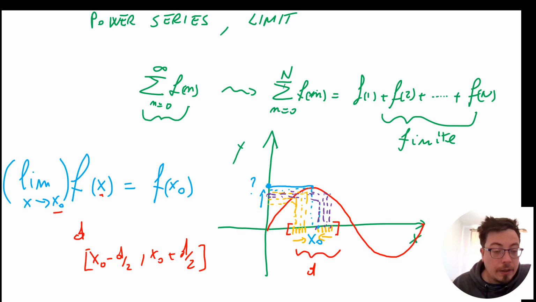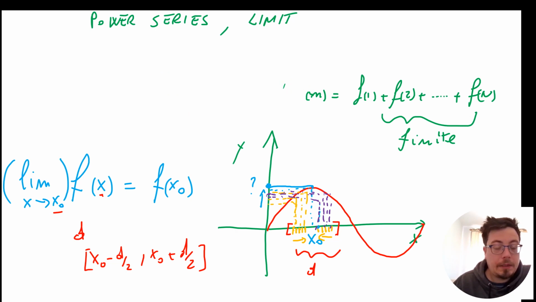But the idea is that the closer you go to the x0 point with your other element, what happens if the limit exists is the following. Let me write it up here.